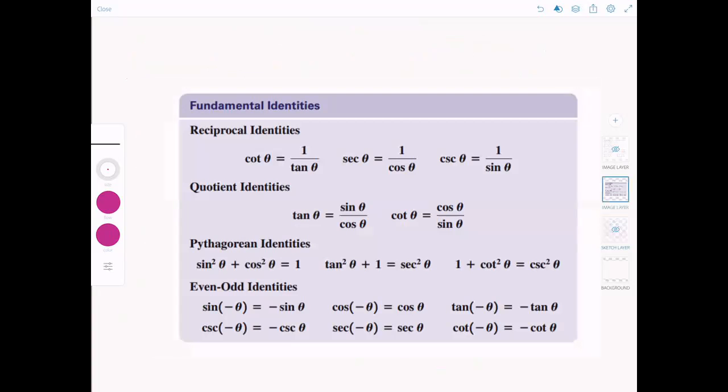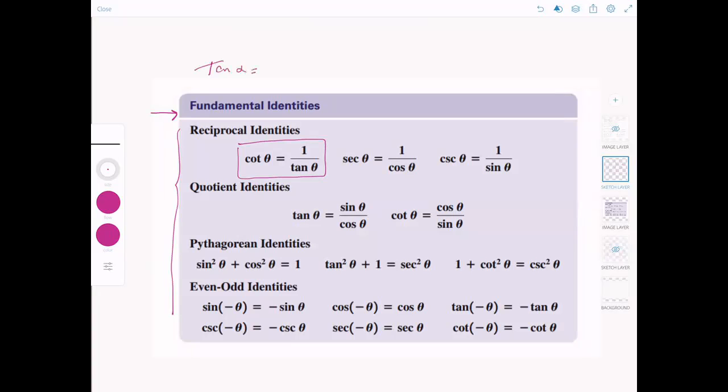They call it fundamental identity. Fundamental means it's a basic identity, that cotangent equals 1 over tangent. We just talked about it. So before we go to this fundamental identity, what we wrote is that tangent of alpha is sine alpha over cosine alpha. Here they're using theta, so I'm going to use theta. Then cotangent of theta equals cosine of theta over sine of theta.